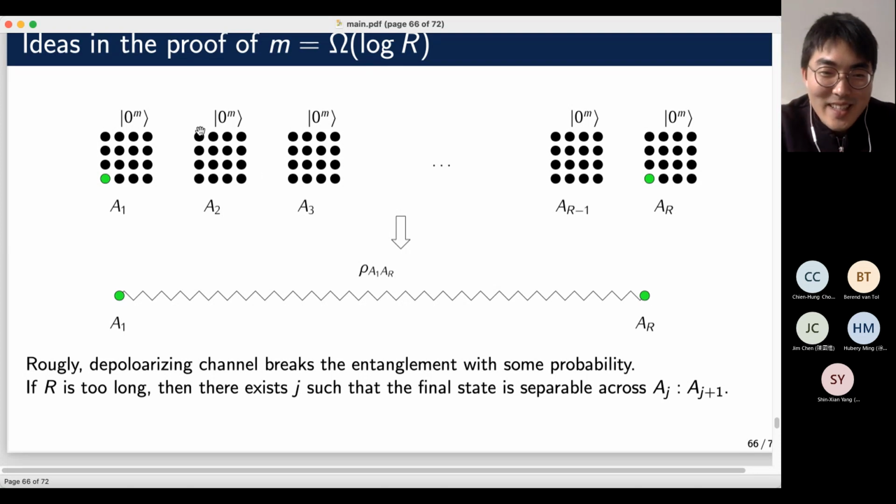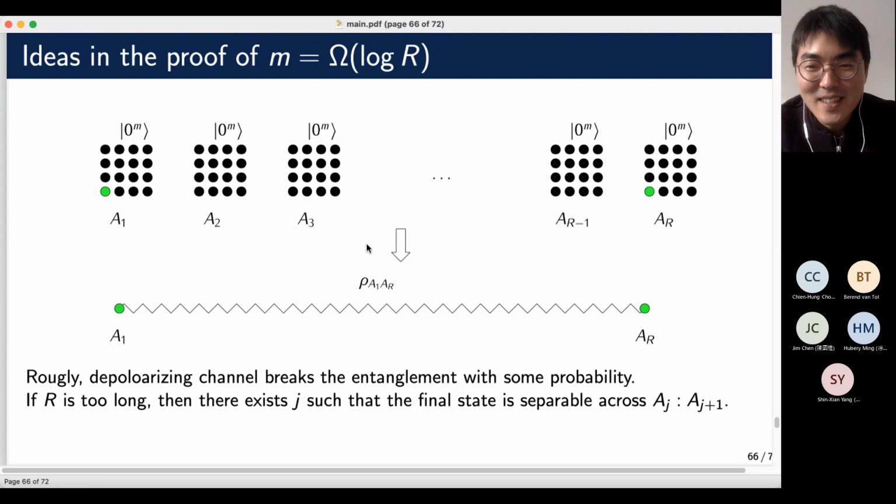So imagine, if R is too long, there is some weak link, a very weak link, so that it is broken by the depolarizing channel. Maybe this is a very rough idea, but you can check our paper, and it is not very difficult.